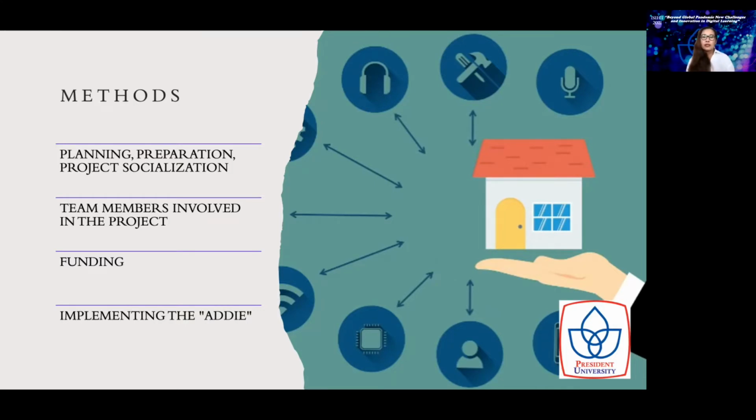The first one is identifying students with special needs. The second one is identifying their needs. And the third one is identifying whatever efforts we can make to accommodate students with special needs. Then we also conduct project socialization. We socialize the project that we developed in classes and in faculty meetings.